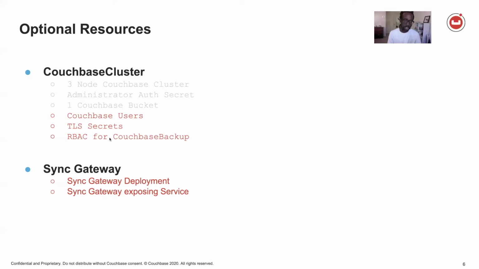The Helm chart doesn't actually create backups for you, but it is able to create an environment that is backup and restore enabled by creating all the RBAC resources that you need in order to quickly create a Couchbase backup resource on the cluster. And then for Sync Gateway, it creates the Sync Gateway deployment and exposes the service, from cluster IP to node IP to load balancer, if you want your Sync Gateway to be externally exposed.